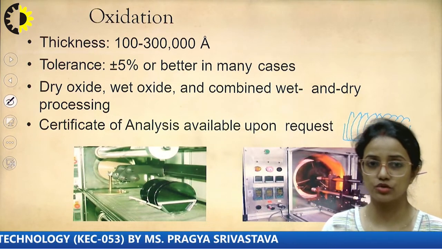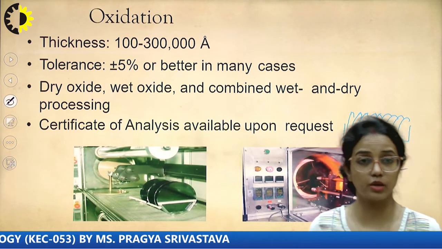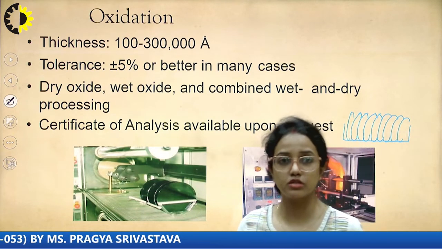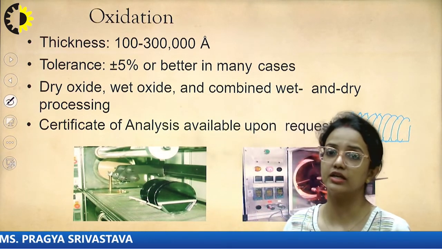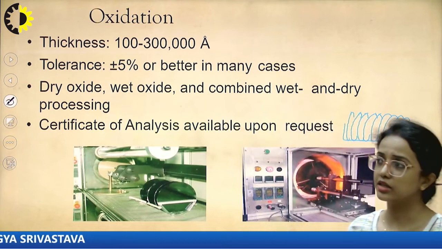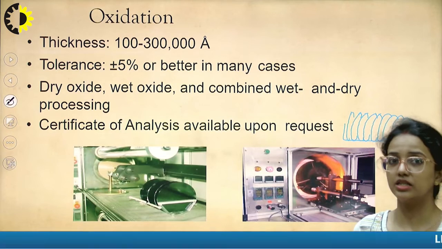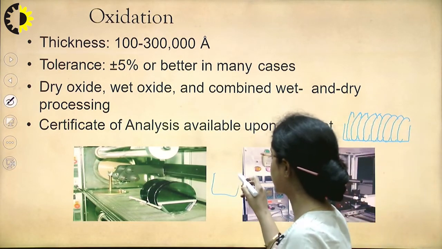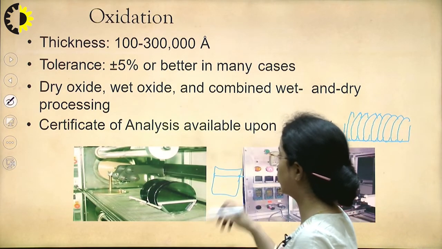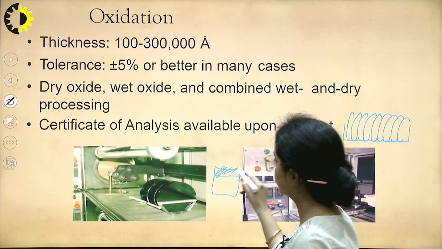With the passage of those gases there will be a set of chemical reactions, and those reactions will yield the required product, and the resultant gas will settle down on the surface of the wafer, leading to the formation of an SiO2 layer on the top of the wafer.